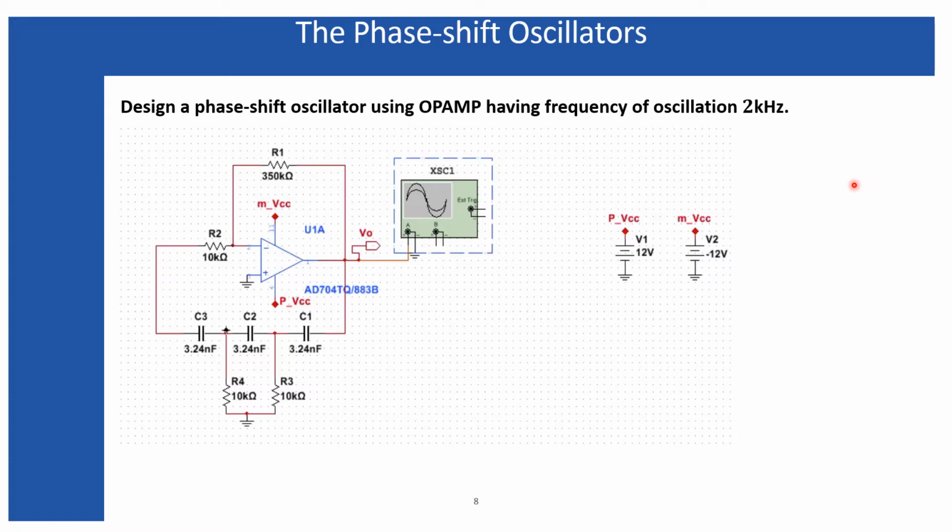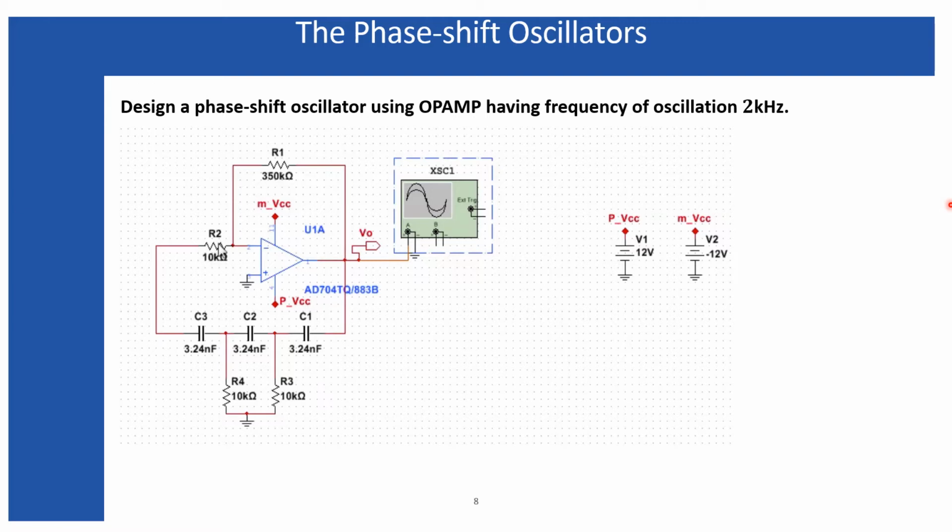But practically when you have to implement this phase shift oscillator using operational amplifier, it is better to connect that 10 kilo ohm resistance, which is connected from this point to the ground in the right hand side diagram, directly with this terminal as shown in the schematic, because due to presence of the ground potential over here, this terminal is at virtual ground.